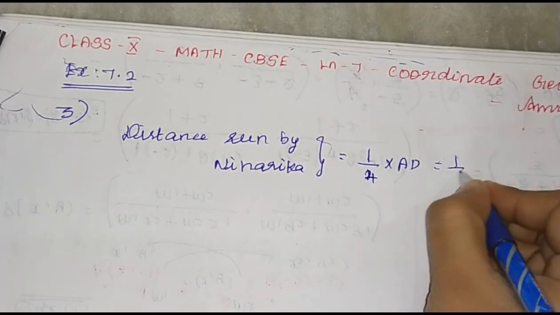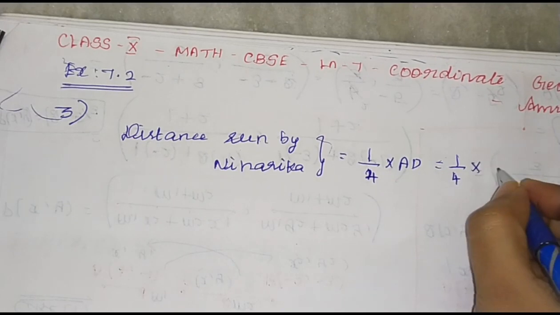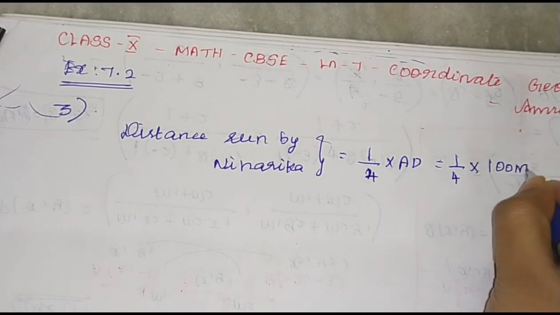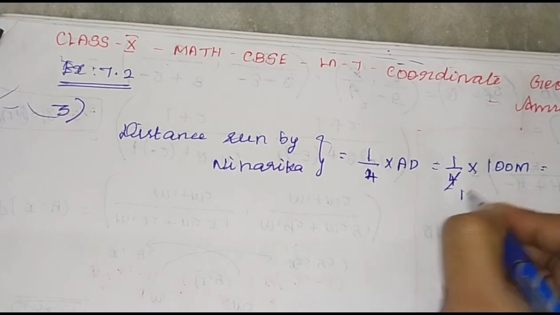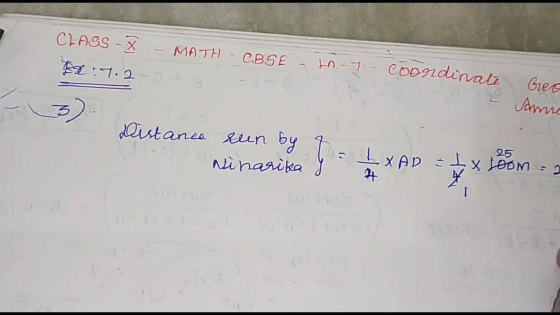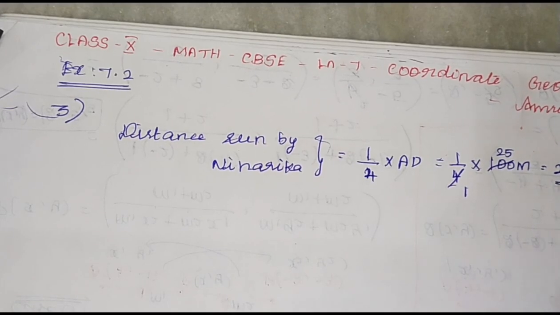The distance AD is given as 100 meters, so we write 1/4 of 100. 4 times 25 is 100, so she ran a distance of 25 meters.